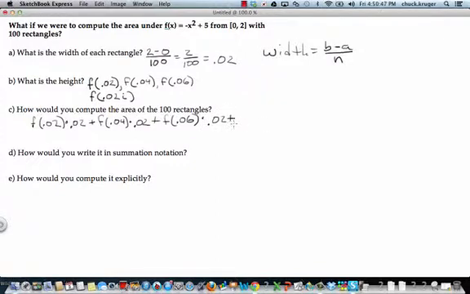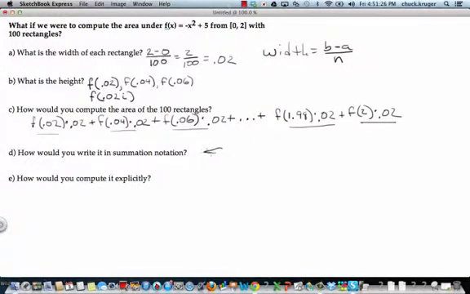I'm going to keep doing that, and eventually I'll get down to the last two, which is f of 1.98 times 0.02, and my last one is f of 2 times 0.02. So there would be 100 areas. Here's the first one, the second one, the third one, the 99th one, the 100th one, and a bunch in between.